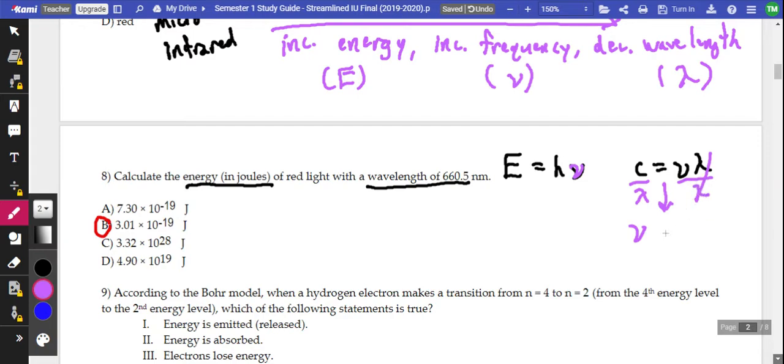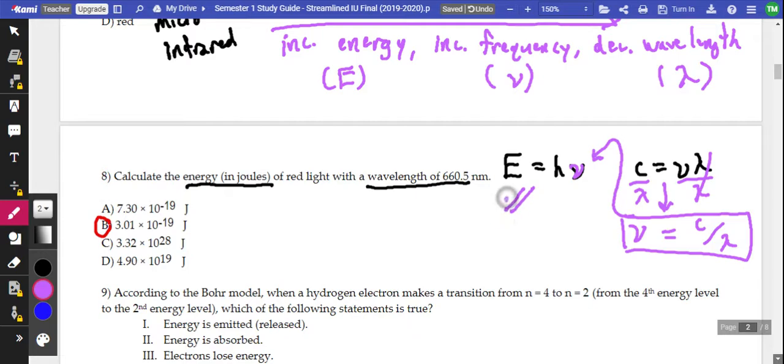We cancel on that side, and what I'll be left with is c over lambda. Okay, so that piece can go in for my frequency here. So instead of writing frequency, I could write c over lambda. So my new equation is going to be E, the energy, equals H times c over lambda.